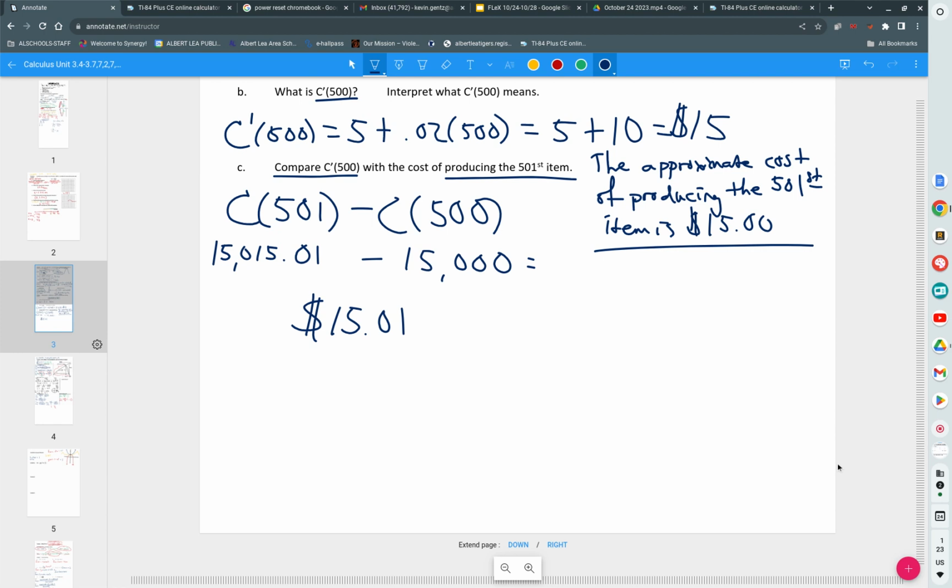So the key is whenever you have a limit, always try to plug in the limit first. So sine of 0 is 0, and so you have 0 over 0, that doesn't work. So you have to do something else. In this case, you multiply the top and bottom by 3.